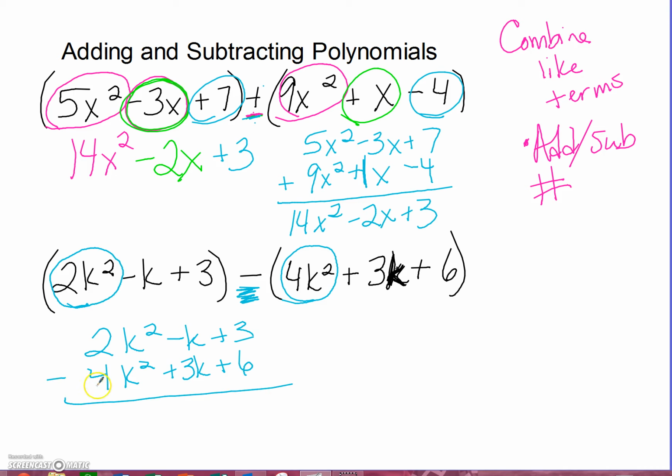So 2 minus 4 gives me negative 2. Bring down my variable. Negative k minus 3k is like negative 4k. 3 minus 6 gives me negative 3. And that's as far as you can go. You have some of those to do as well.